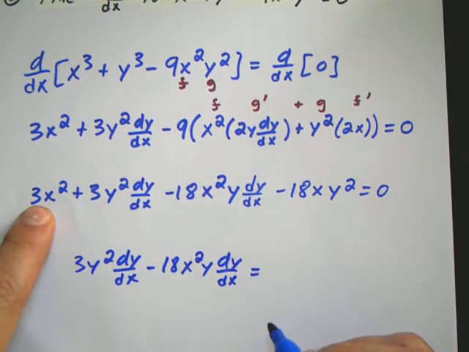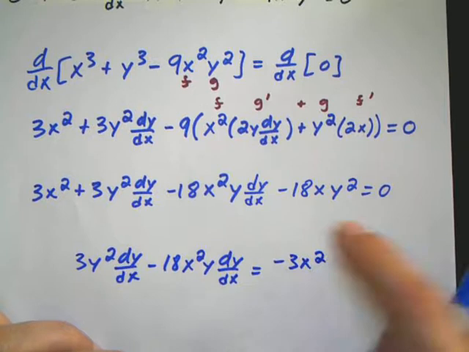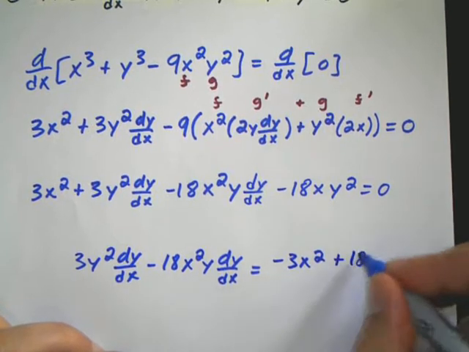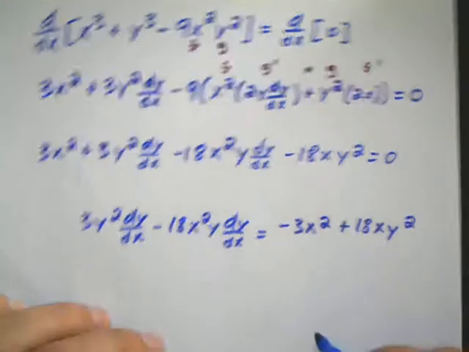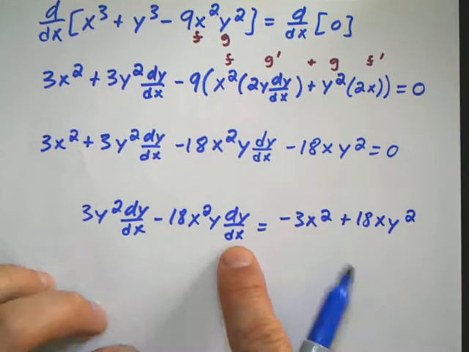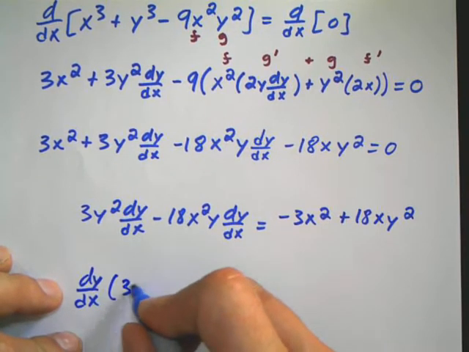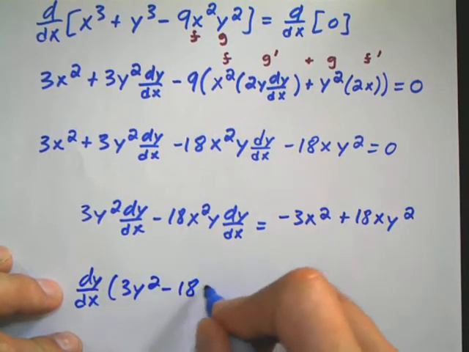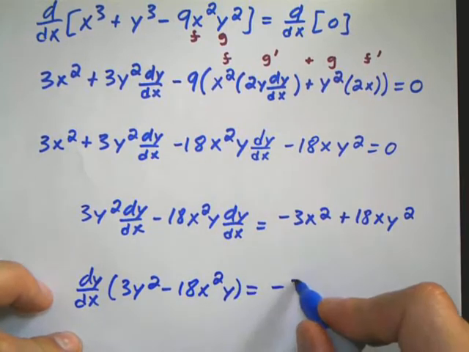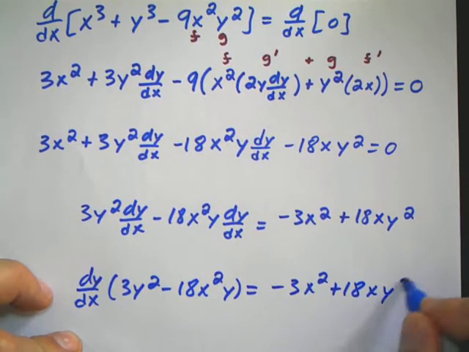This was positive on this side, so when I move it over it's going to become negative 3x squared. This term was negative, so when I move it over it's going to turn out to be positive 18x y squared. These two terms have dy dx in common. I can factor them out. And over here we're still on negative 3x squared plus 18x y squared.